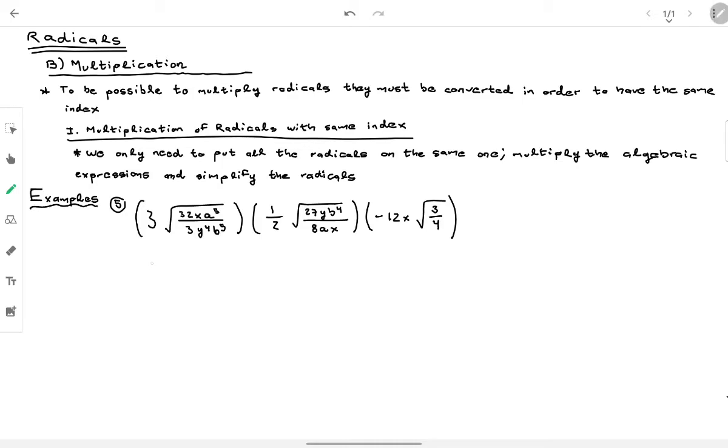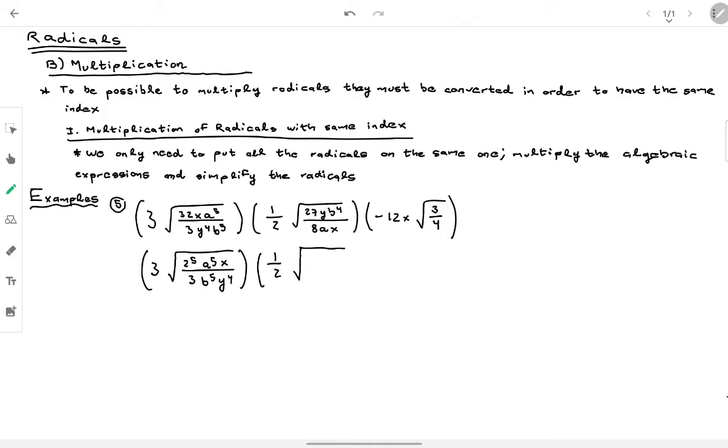We can decompose the radicals. So 32, it's 2 times 2 times 2 times 2 times 2, 5 times. So it's going to be 2 to the 5, a to the 5x divided by 3b to the 5, y to the 4. This one multiplies 1/2.